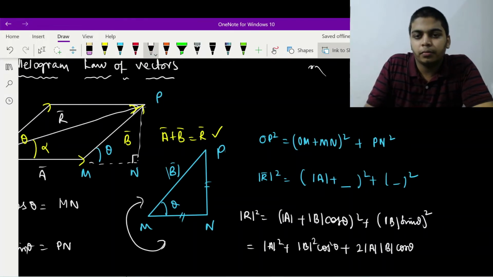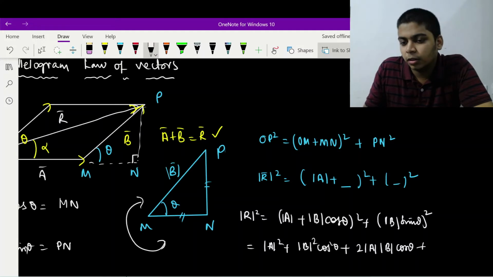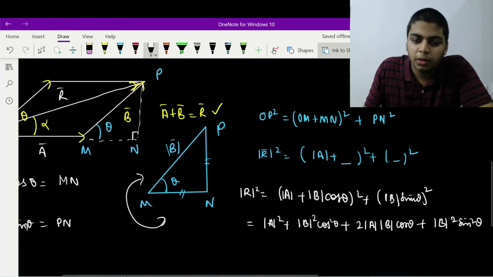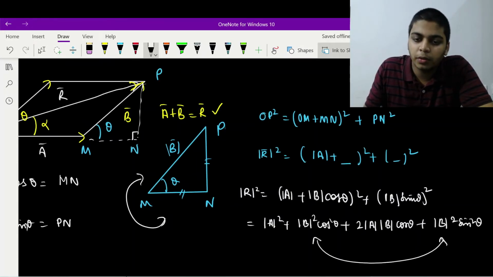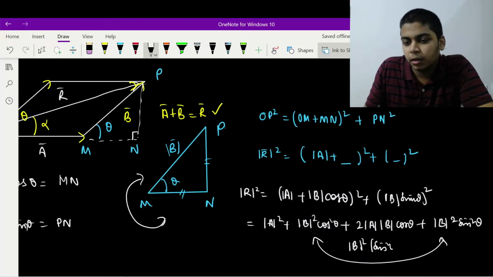And this is your mod b square sin square theta, right? So from this you can take your mod b square common. When we take mod b square common, you will be left with sin square theta plus cos square theta, which turns out to be 1.